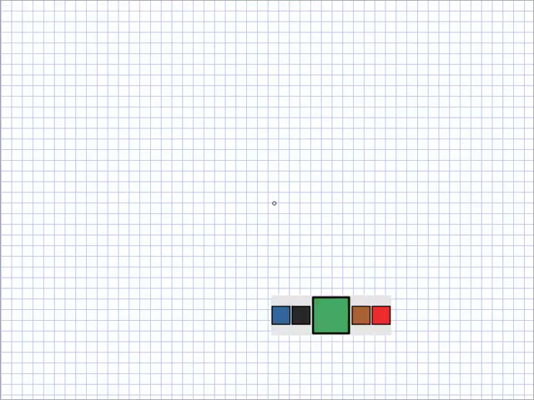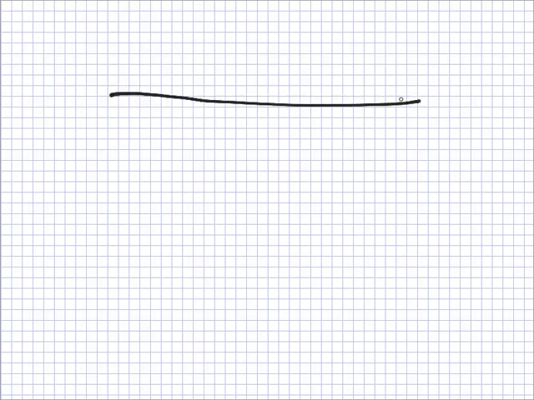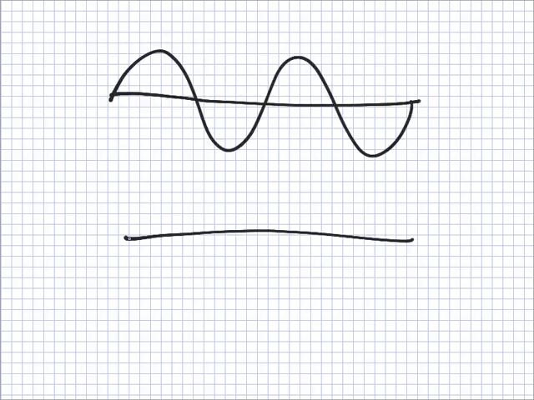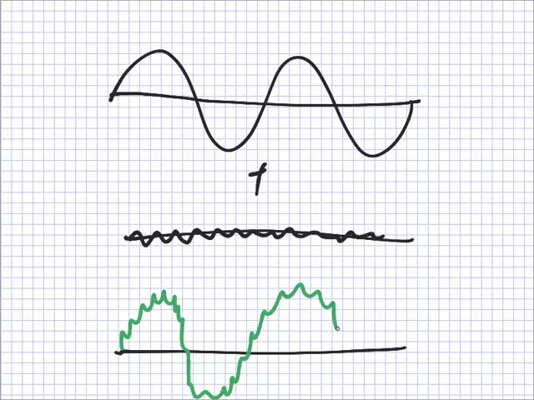Like here's the simple example that's usually in the book. You have a wave like this, and then you have a smaller wave like this, and you add them together, and you get a wave that looks like this. What's happening is you add this height to this height.